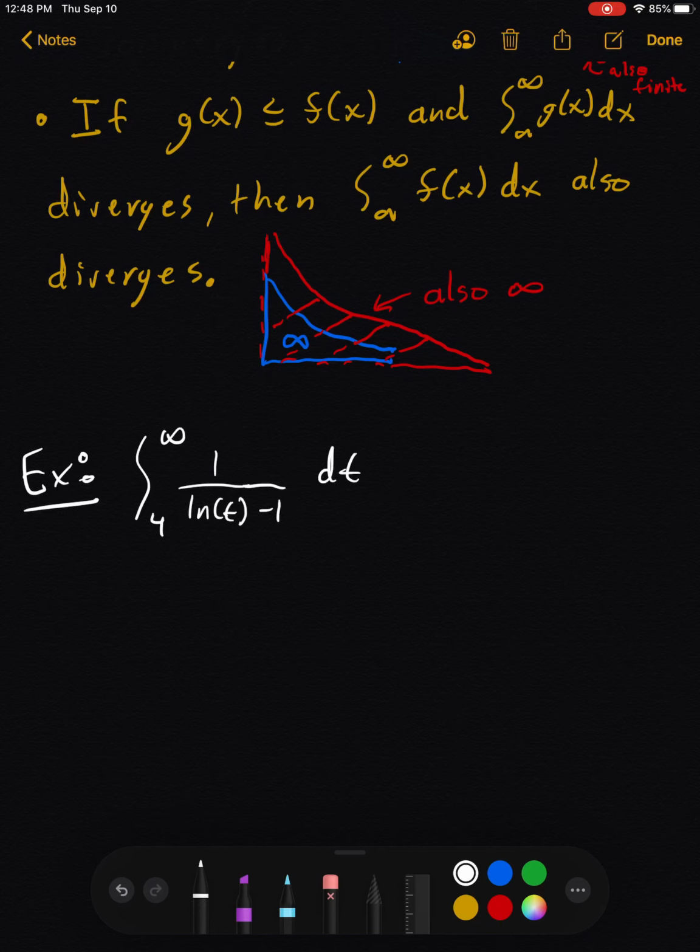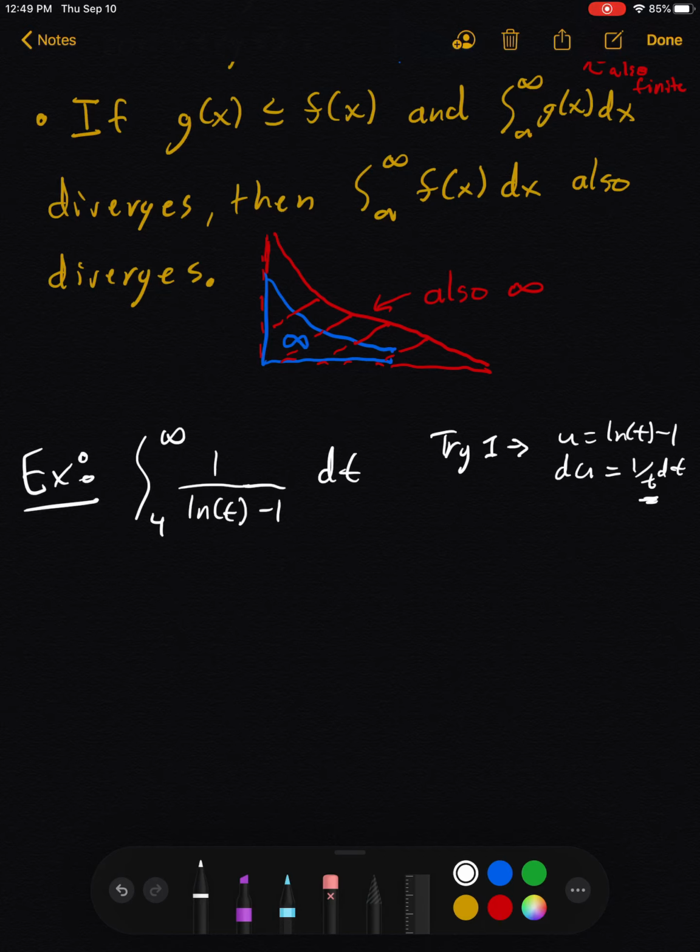Now, this is another one where it's a little problematic, right? If I tried to do a u substitution, if I let u equal ln of t minus 1, du is equal to 1 over t dt, and so I'm just going to generate more t's in there. It's going to make a u substitution rather ineffective.